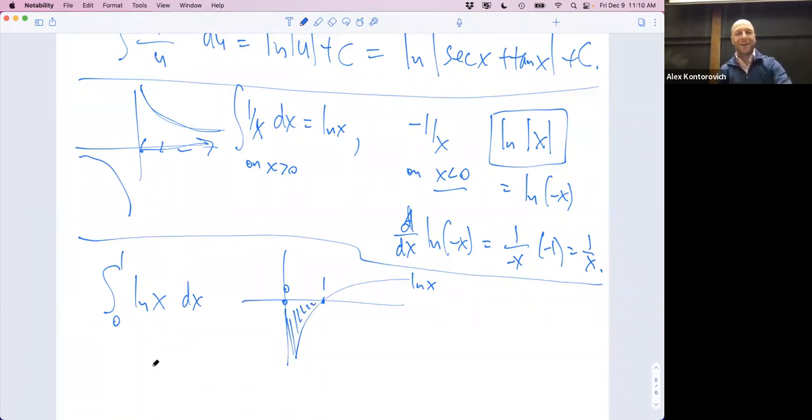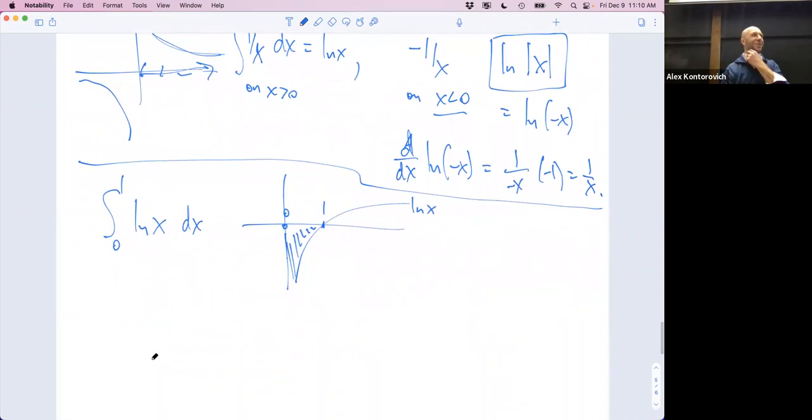In fact, do we know the antiderivative of the natural log function? It has an antiderivative. It's another one of these sneaky ones. You guys happen to know what it is? Yeah, let's try x log x. What's the derivative of x log x? We need the product rule.